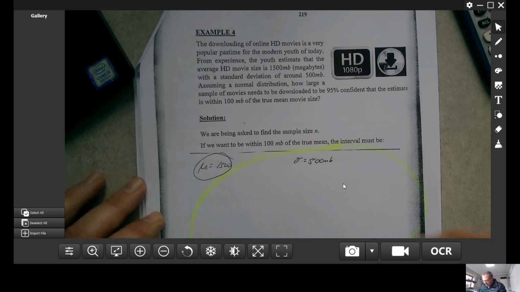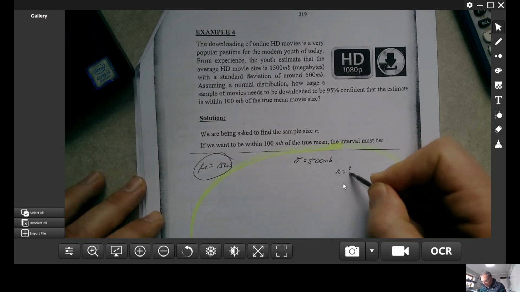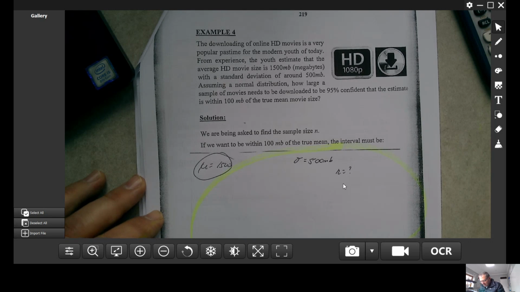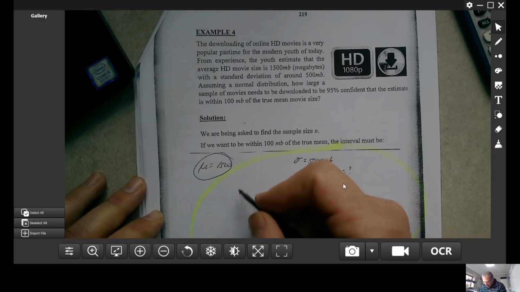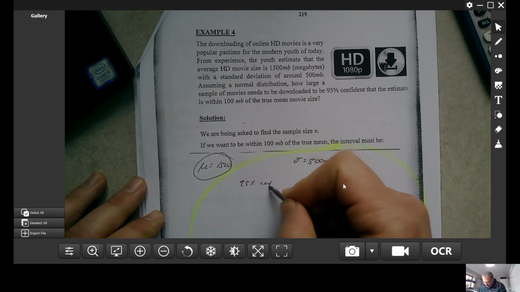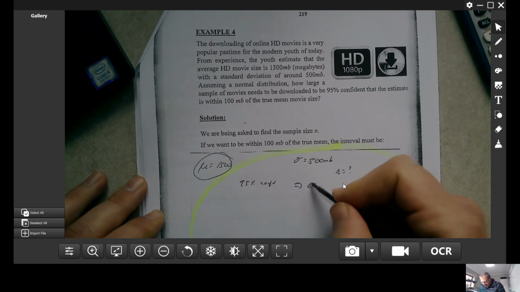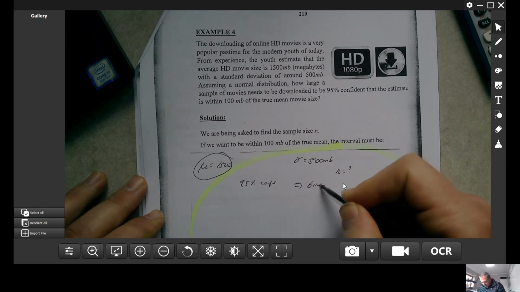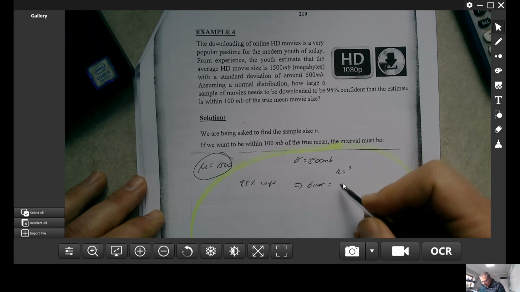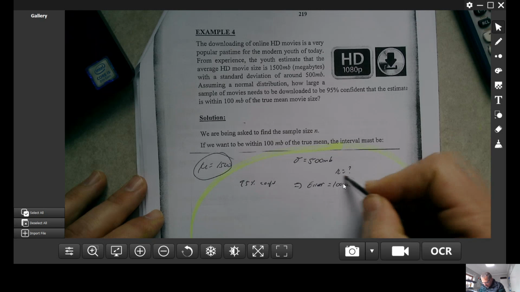How large a sample of movies needs to be downloaded? We're looking for a sample size n to be 95% confident that the estimate, in other words the error, the difference between the mean and the sample mean, is within 100 megabytes.